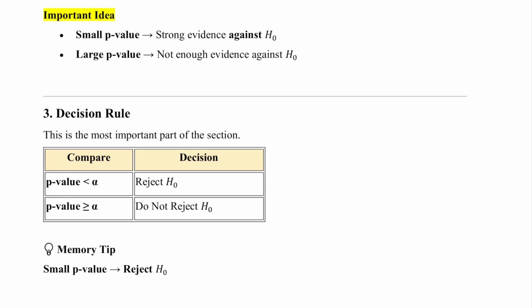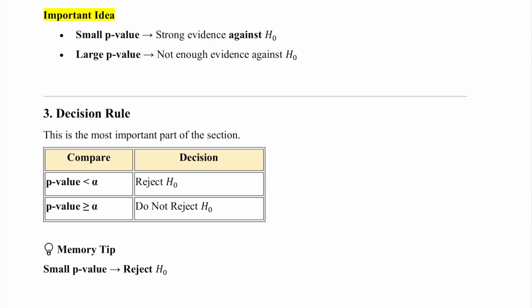Most of the time, you see alpha equals 0.05, although other values are possible. There are only two possible decisions. If the p-value is less than alpha, we reject the null hypothesis. If the p-value is greater than or equal to alpha, we do not reject the null hypothesis. That's the entire decision rule.